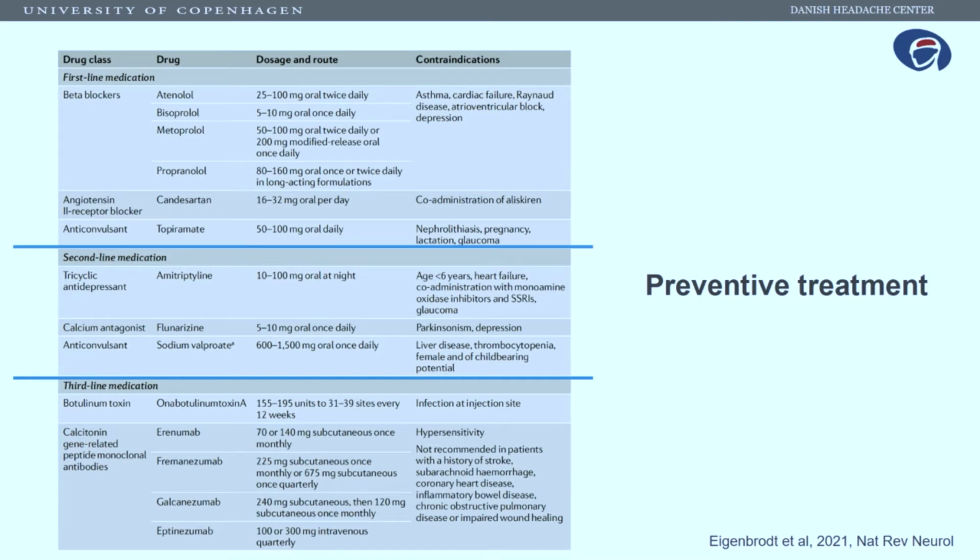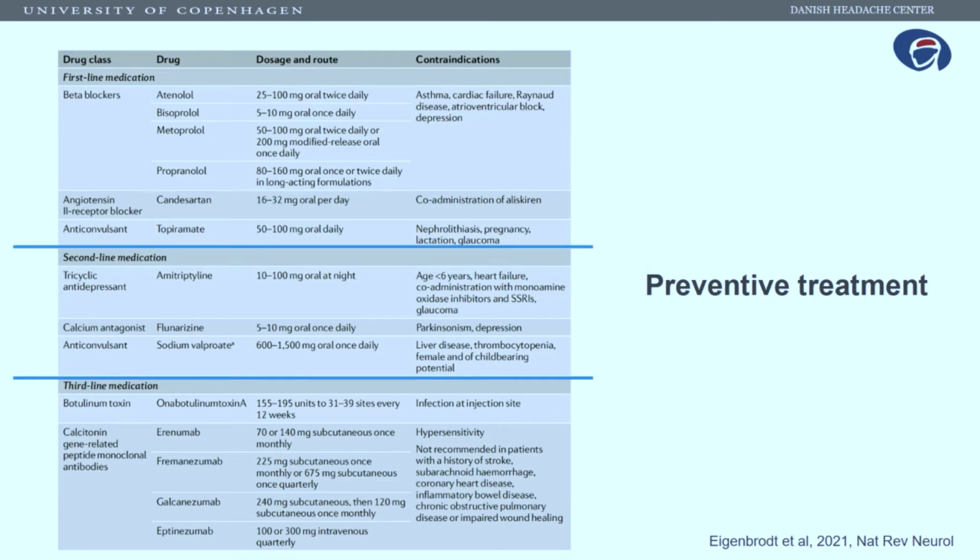3 lines of treatment, the same as in the acute. So you start with 1st line medications. Beta blockers are widely used. Propranolol is the most common preventive in the world right now, I believe.